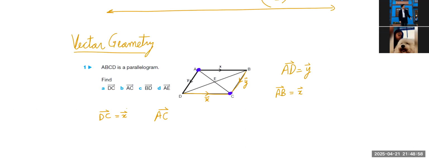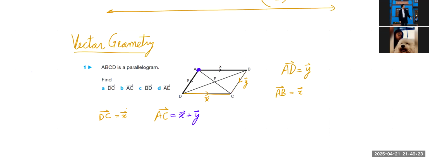You can either go here and then go here, or you could go here and then go here. Either way, you'll get the same answer. Just make sure that you're recording each vector you pass through. So if you, for example, go through X and then go through Y, you will say X plus Y. Okay? So the answer is X plus Y. That's it. Is this clear?